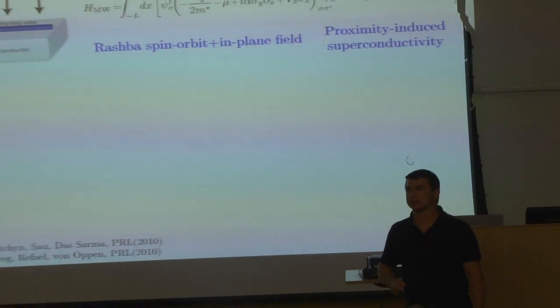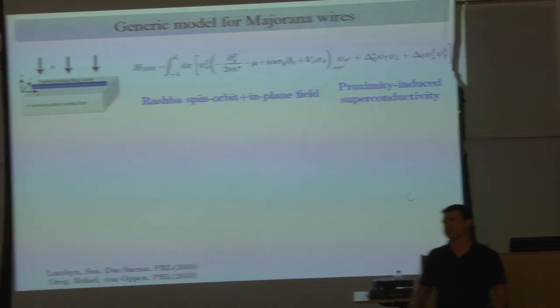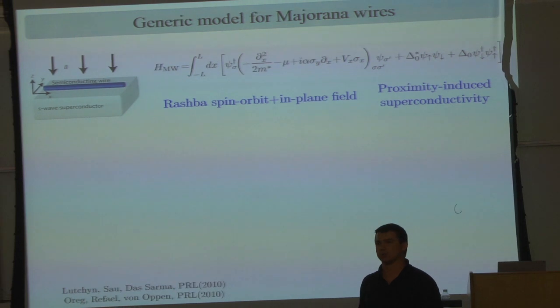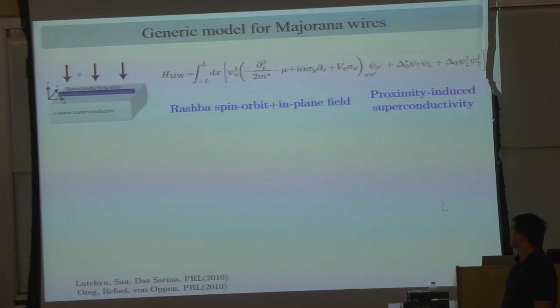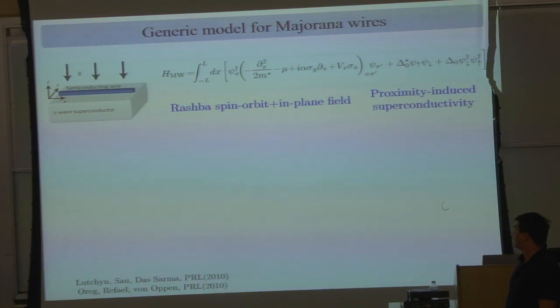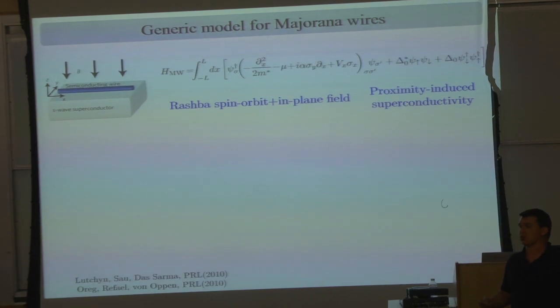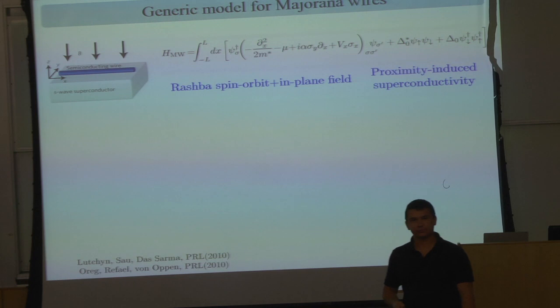Therefore, the term that describes such disappearance and appearance of electrons in pairs is given by the second term in this Hamiltonian, and that's what we call proximity-induced superconductivity, which appears when you have a normal metal close to a superconductor. Okay? So this is the model that will lead to an exotic superconductor, as I will show you. And this exotic superconductor will support Majorana zero energy modes.